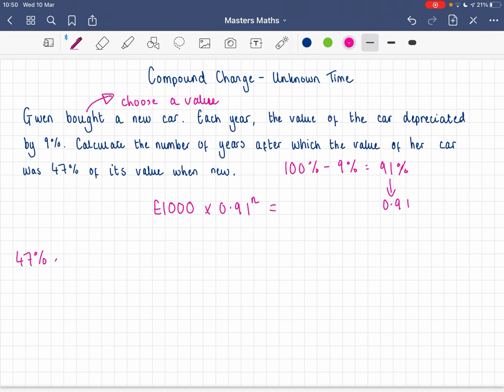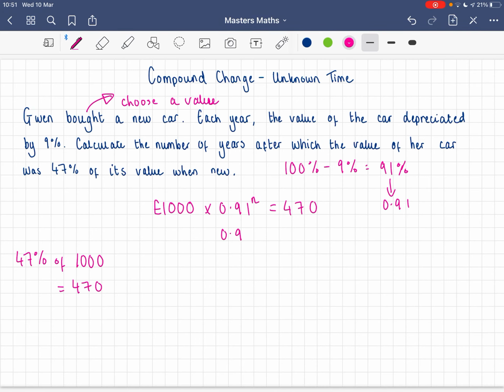47% of 1,000 is 470. So we're looking for it to be £470. Okay. Again, we can't isolate the n completely, but we can remove some of the things surrounding it.